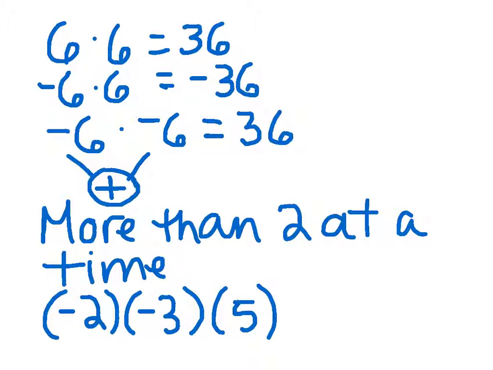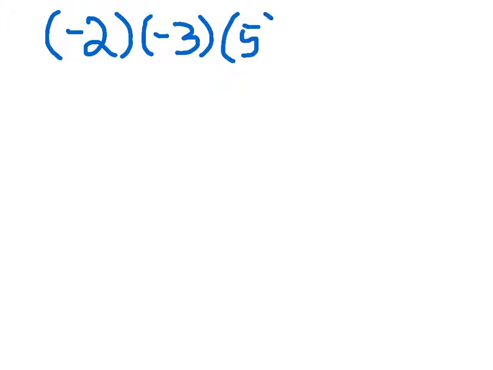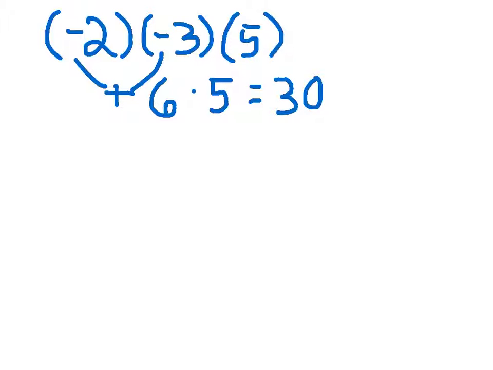Negative 2 times negative 3 times positive 5 is the problem at hand. Well, we know from multiplying two numbers at a time that these become positive 6. And when I multiply that by positive 5, it equals positive 30.